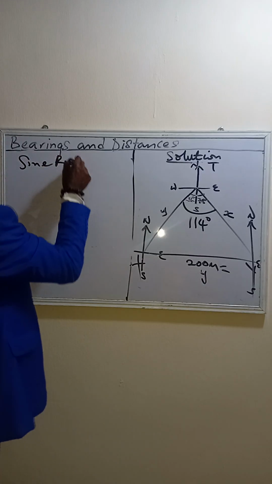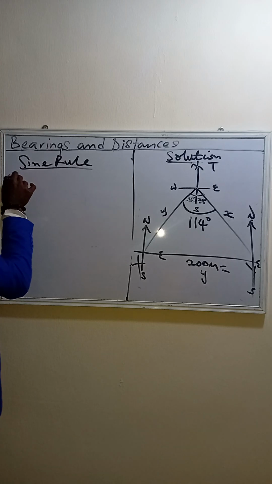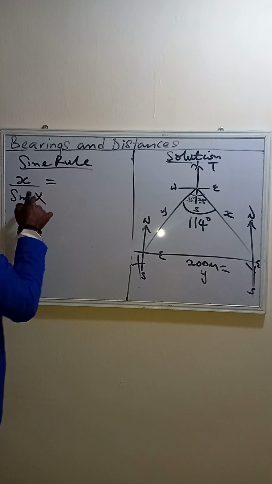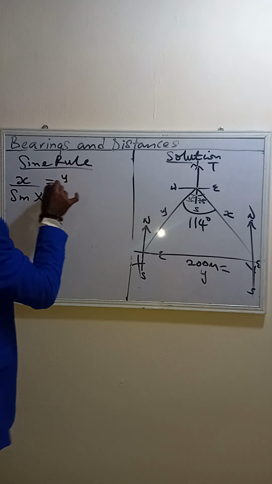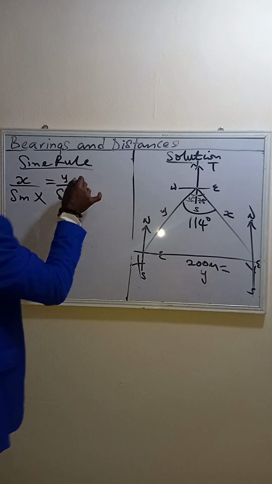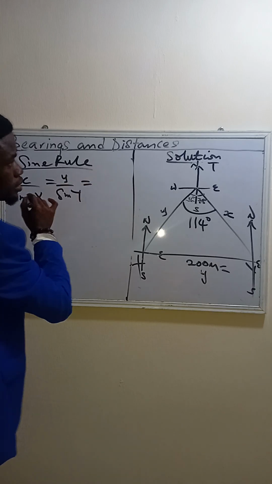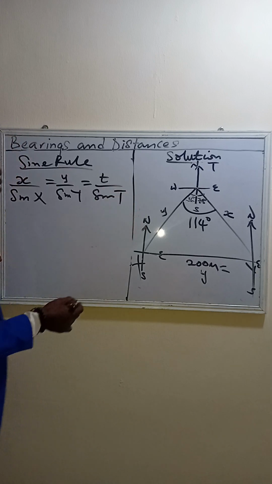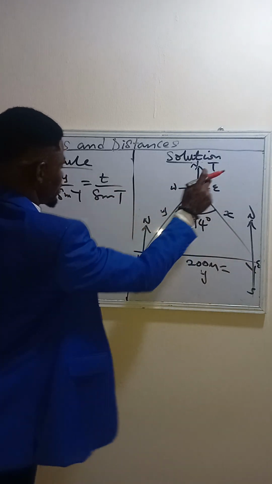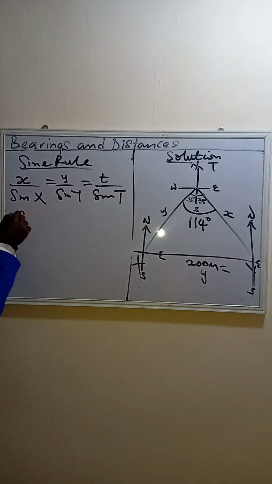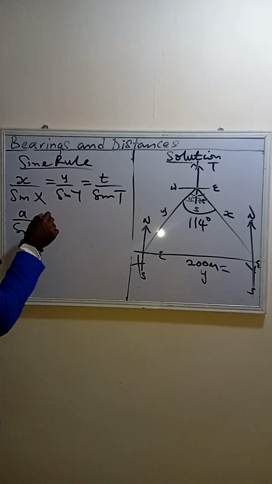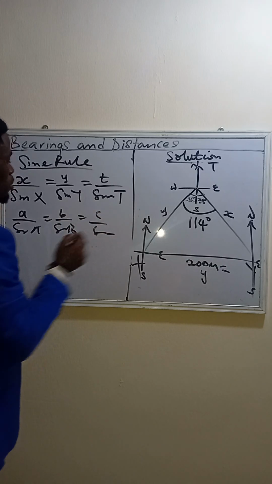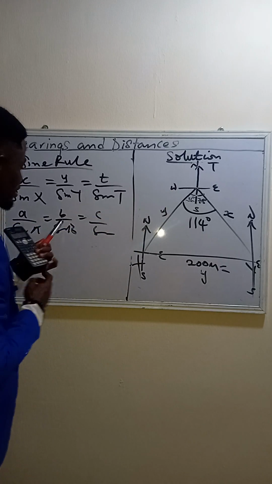Let me say x over sine capital X, then we have y over sine capital Y, equals t over sine capital T. Because I'm using X, Y, T, that's why I'm using this one. You can make your own, maybe a over sine A equals b over sine B equals c over sine C, depending on the letters you are using.